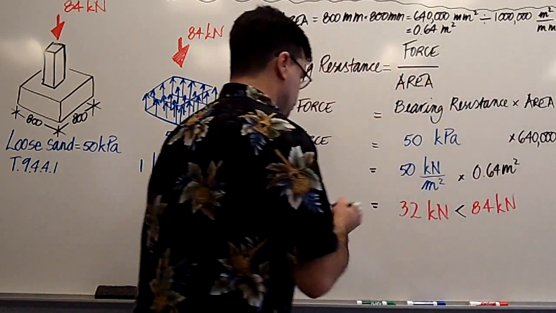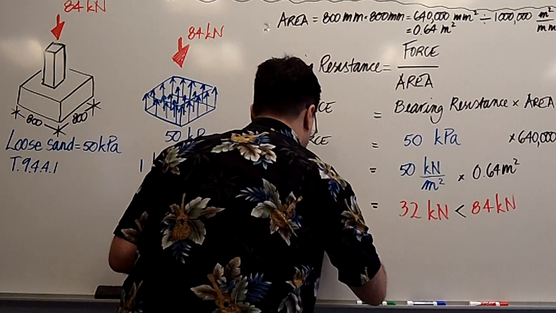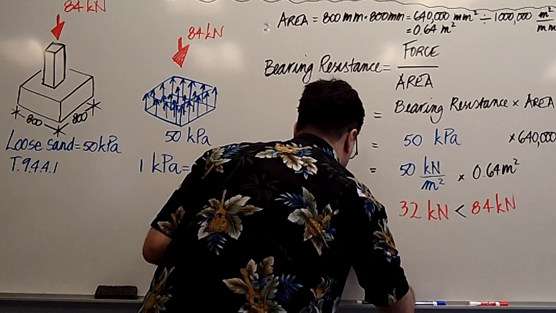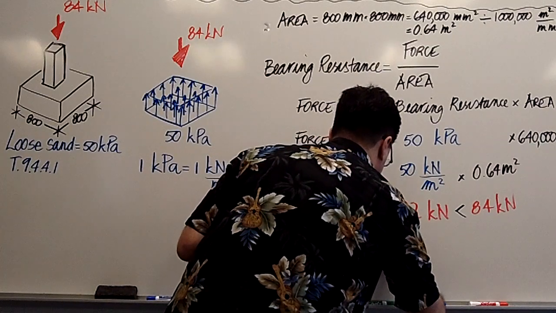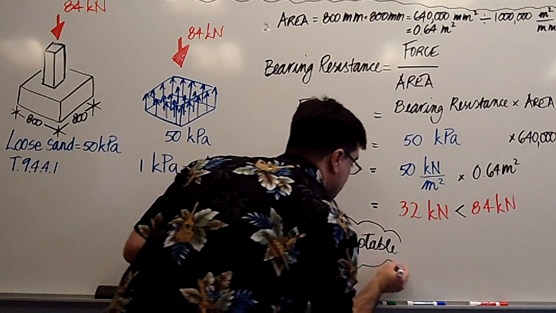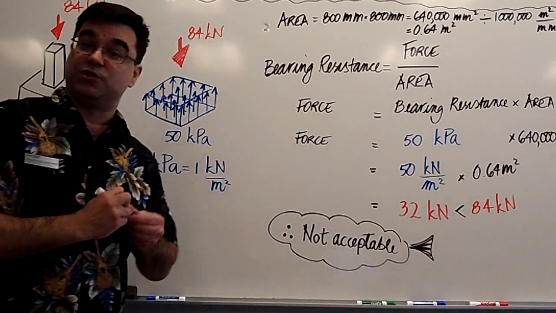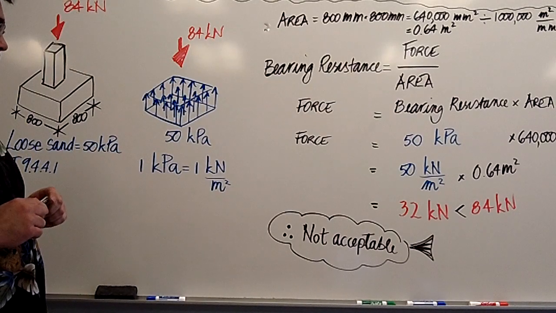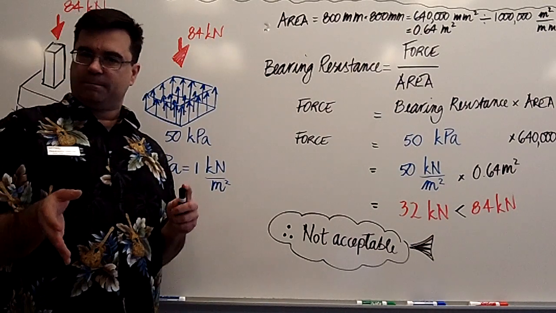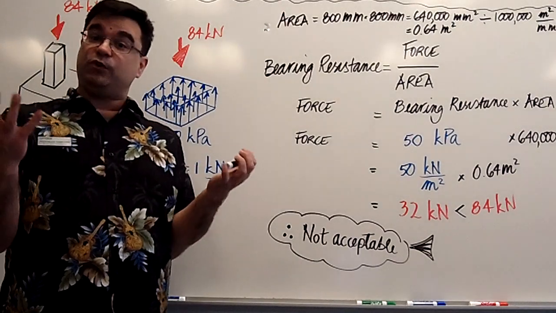Right? So therefore, not acceptable. Right? What we have here is no good. So then, we can stop here. Or you can keep watching, because then I'll discuss a little bit what could we do to fix this.